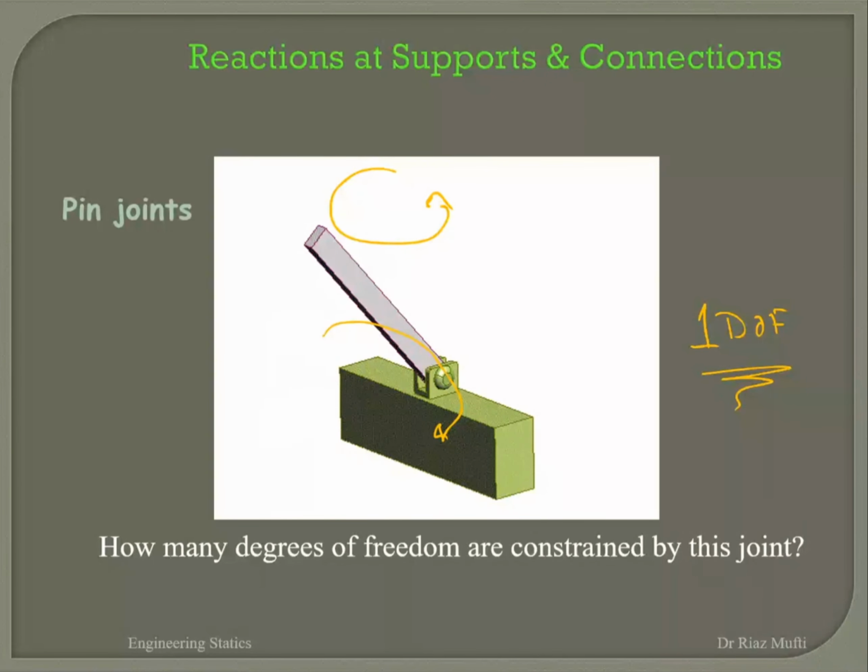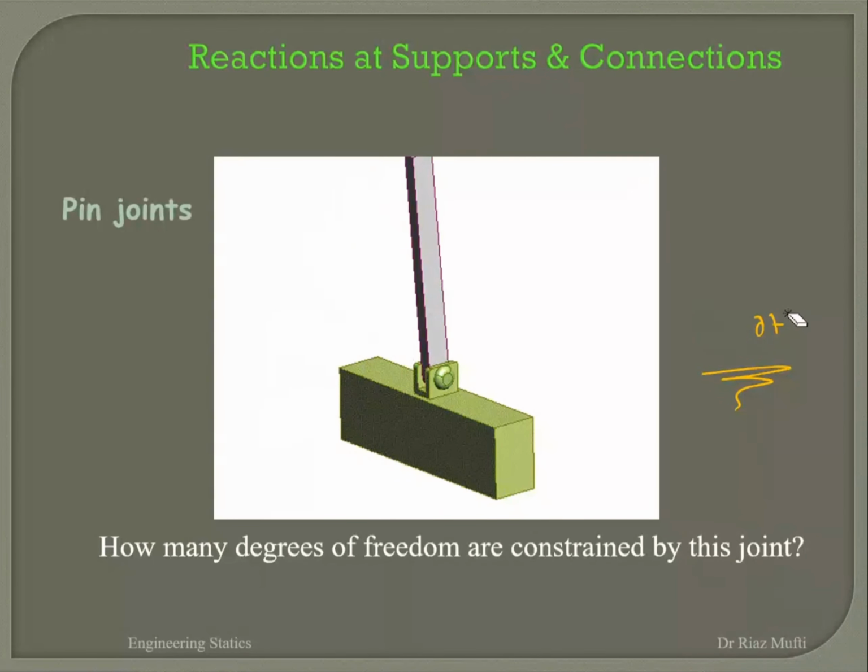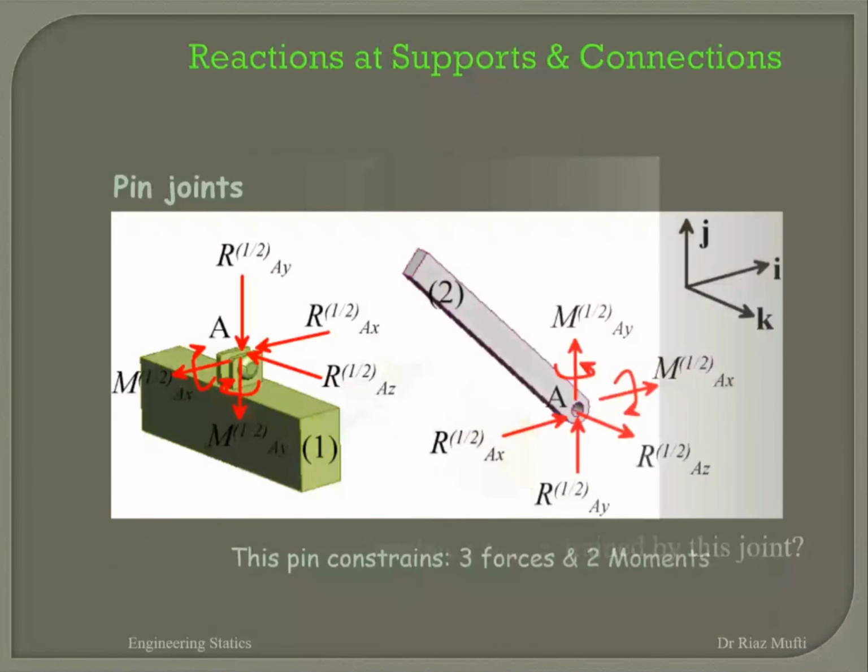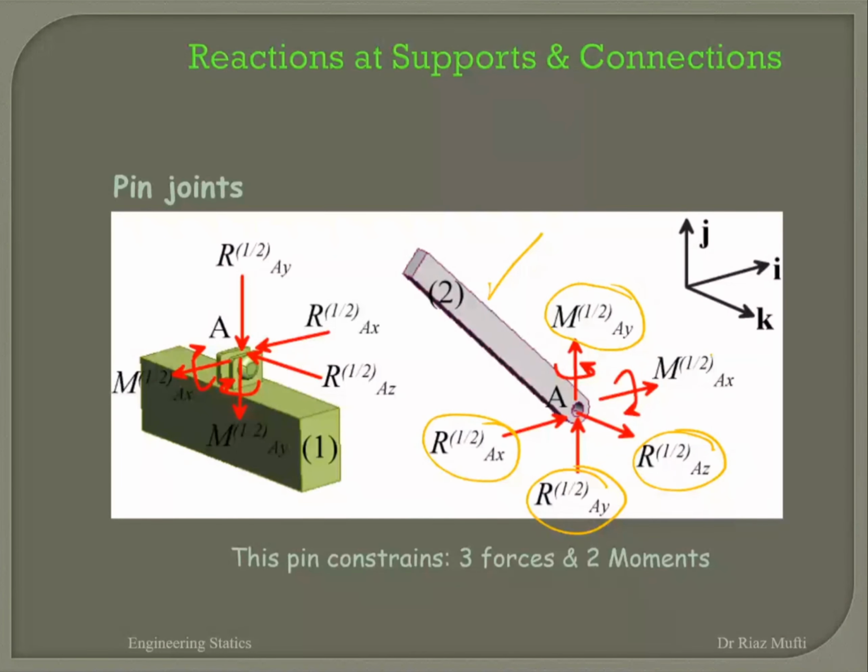So if I have to do the analysis on the rod, I will have 5 reactive forces. That's my rod. I've got 5 reactive forces, 3 in translation because I cannot move it in X, Y, and Z direction. And there will also be rotation, 2 rotational reaction moments. One is here and the other one is here.